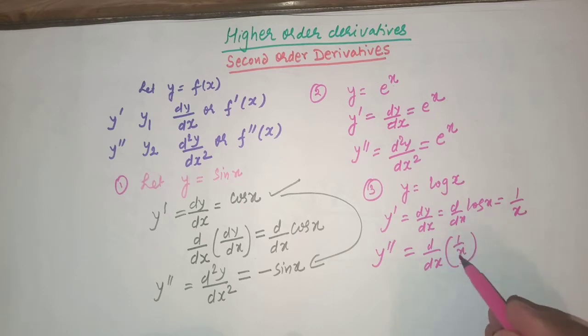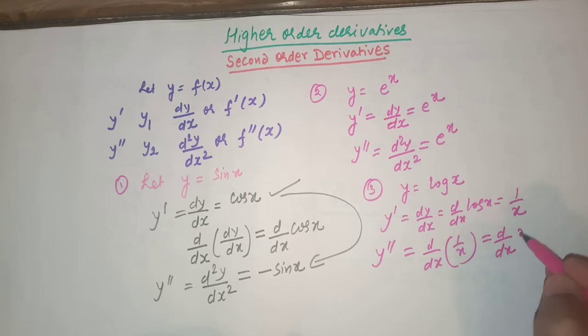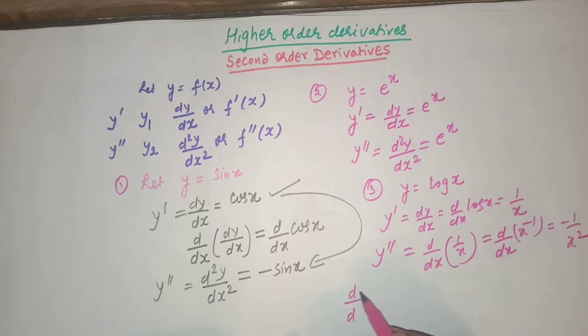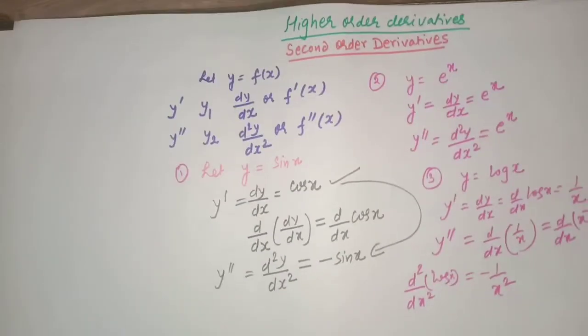We have to differentiate 1 over x, and this is d by dx of x raised to power minus 1, and we have minus 1 over x square. So we can say that the second derivative of log x is equal to minus 1 over x square. Clear?